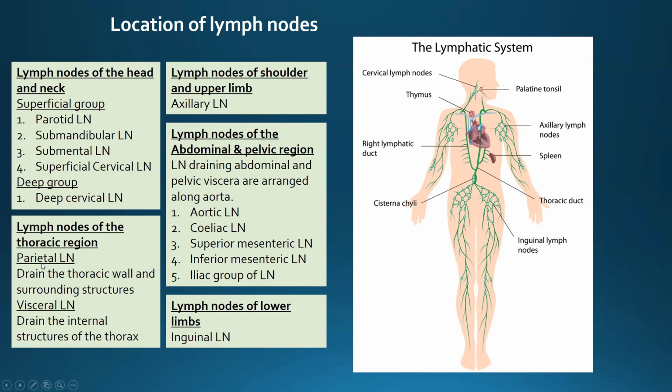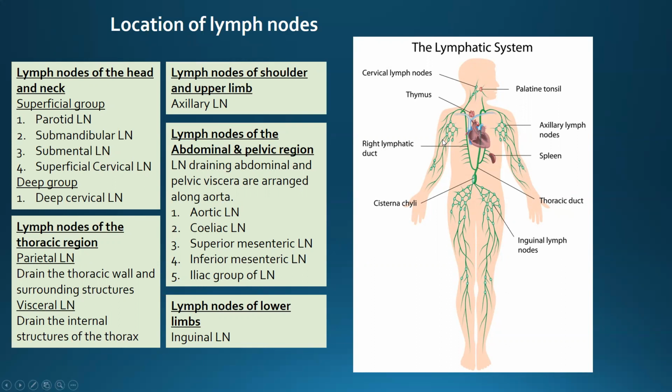They can be divided into parietal lymph nodes, which drain the thoracic wall and surrounding structures, and visceral lymph nodes that drain the internal structures of the thorax. The lymph nodes of the shoulder and upper limb drain into the axillary lymph nodes. There are actually several nodes here, but they ultimately drain into the axillary lymph nodes.